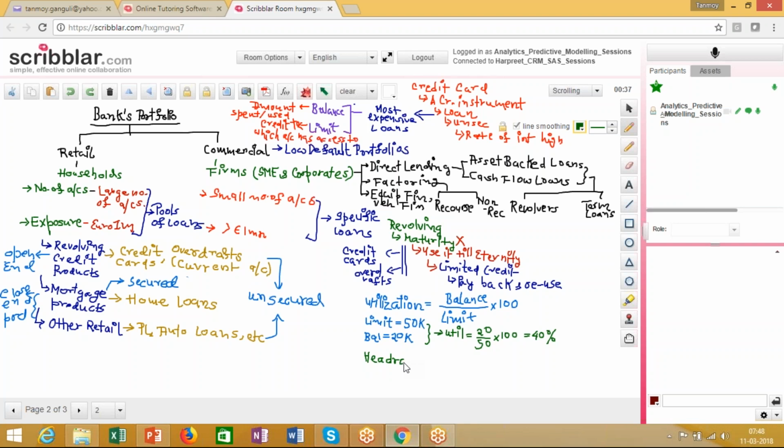Basically, it is the amount of limit which is left back for the borrower to use. It is nothing but limit minus balance.